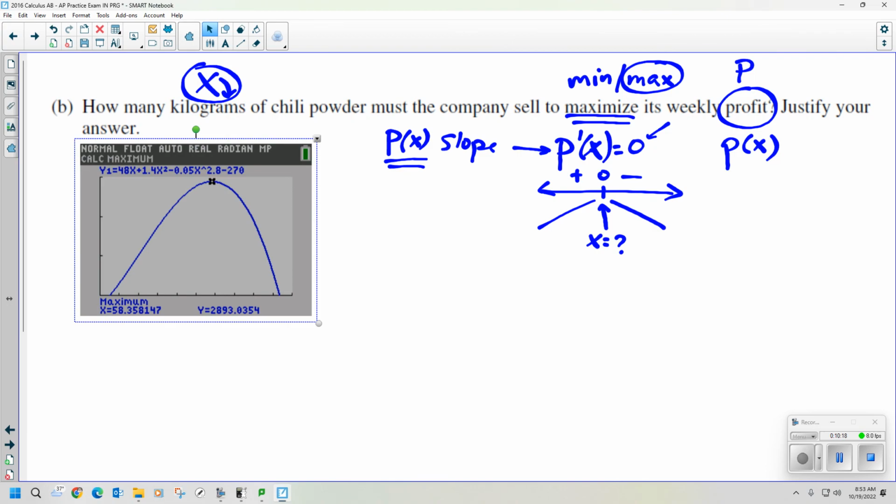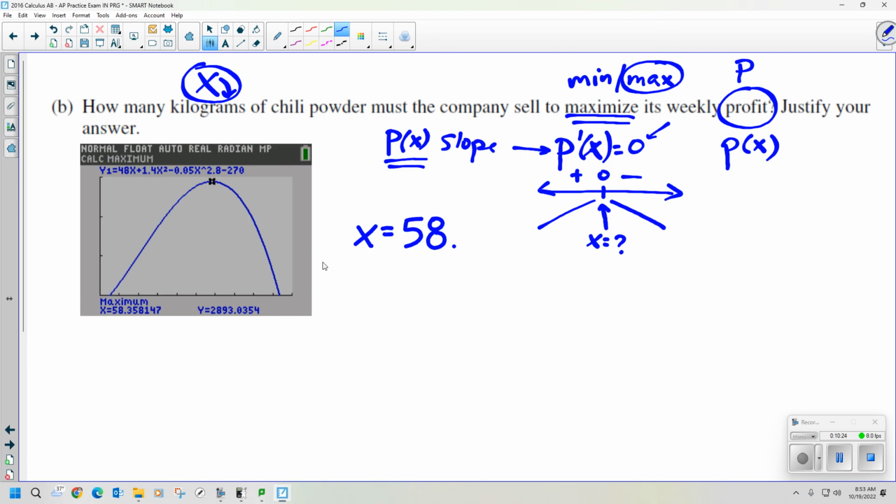So that happens at an x value of 58.36. We can call that 58. That's fine. We can call that 58.36. It doesn't tell us where to round to. So as long as you round either the second or third number and it's correct, I'll go two numbers, 58.36, and that's kilograms.